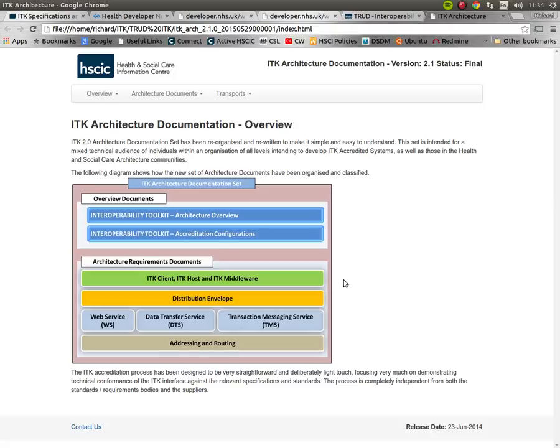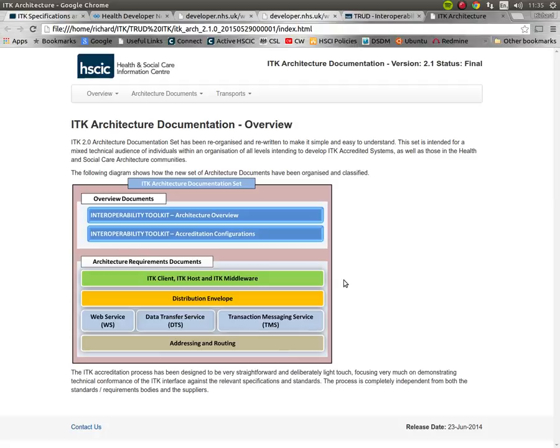So for example, are you generating payload or are you purely consuming payload? An example would be, are you generating an e-discharge CDA or are you purely consuming an e-discharge CDA, and so on. So dependent on your role, if you're sending a document, you'd be a client. If you're receiving a document, you'd be a host.